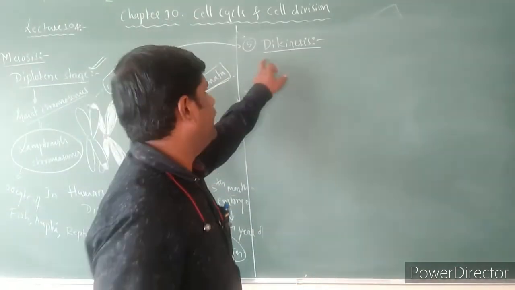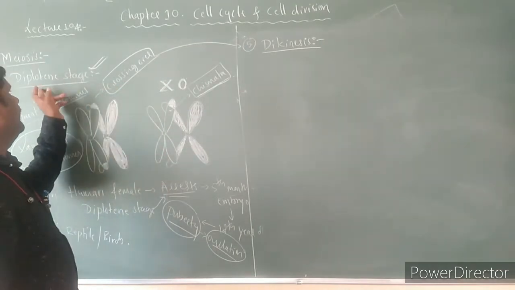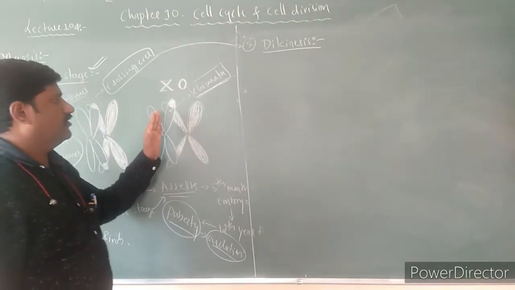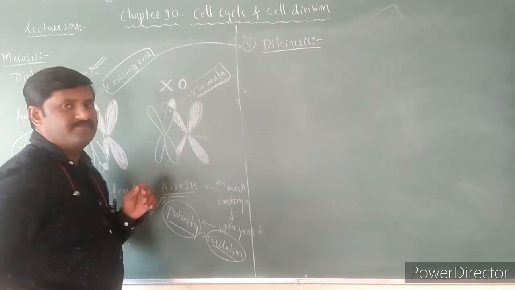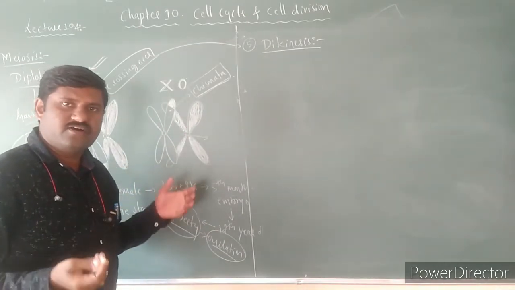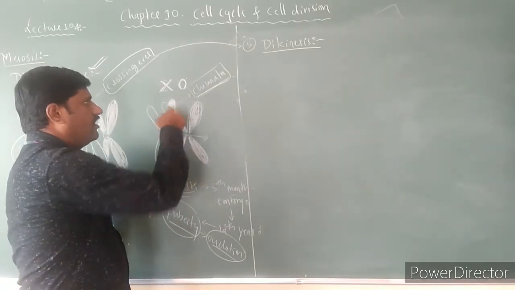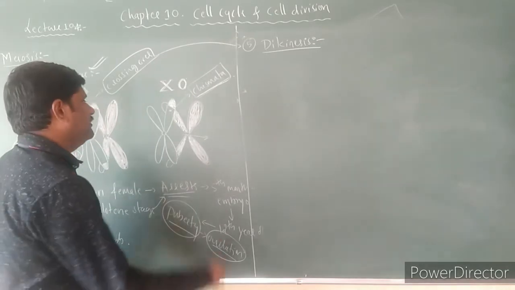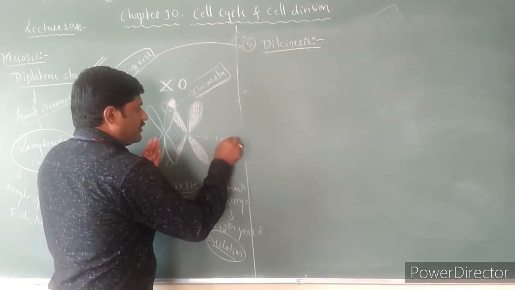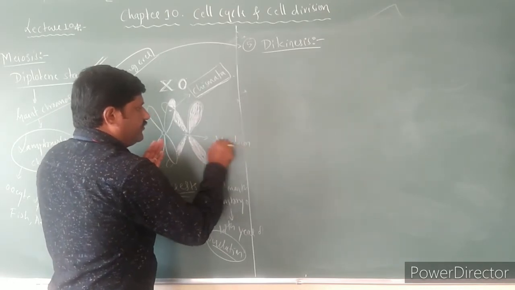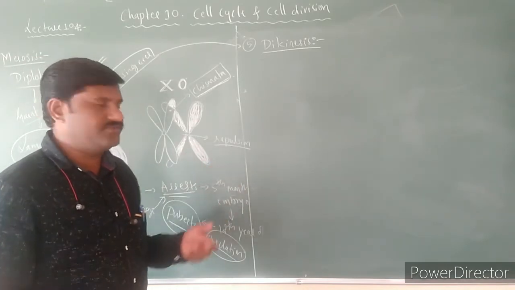In diakinesis, what happens? Basically, in the diplotene stage the chromosomes move apart, and both homologous chromosomes look X-shaped or ultimately O-shaped. This is called the repulsion process: both homologous chromosomes repulse each other.